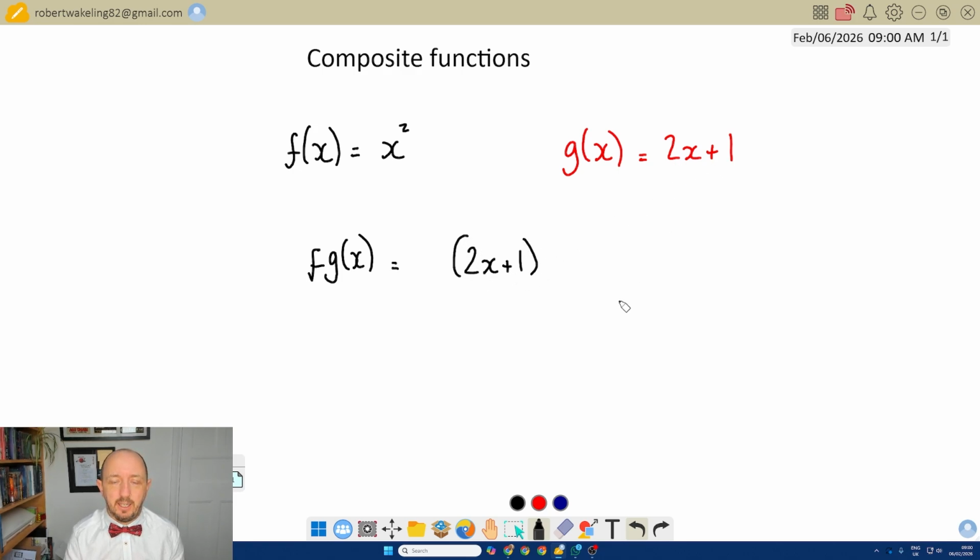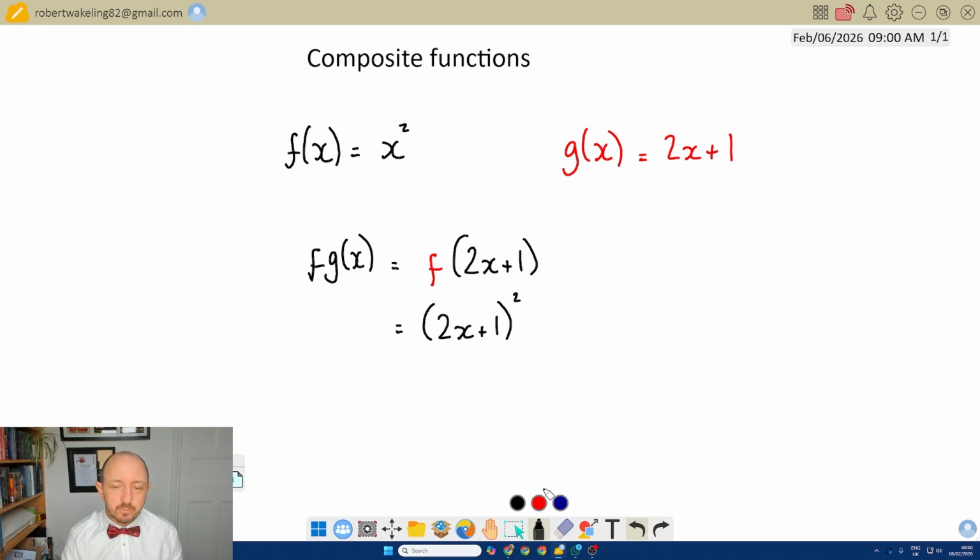That's the result here, and I'm going to put that into f. And what f says is that whatever you put in, you have to square it. So 2x plus 1 is going in, and then I have to take that result and square it.